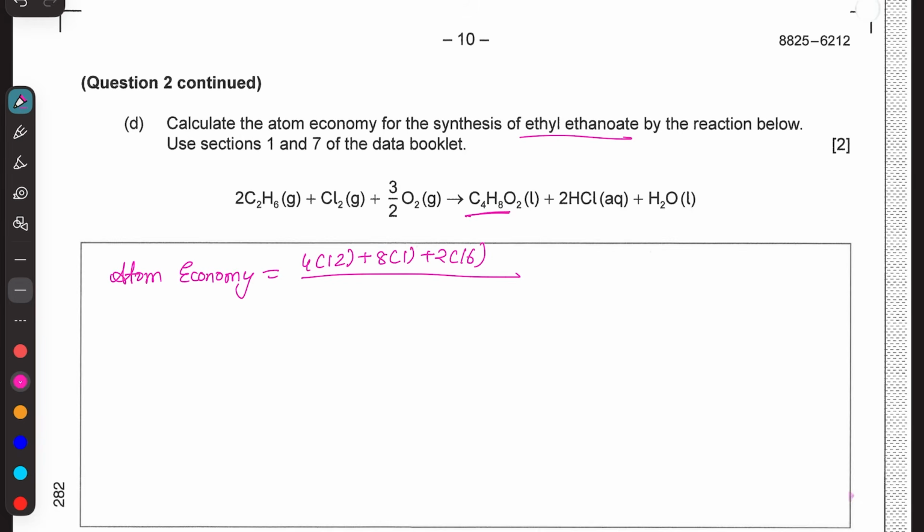The products are 88, HCl at 36.5, and water at 18. So 88 divided by 88 plus 2 times 36.5 plus 18, times 100, which should give us 49.2%.